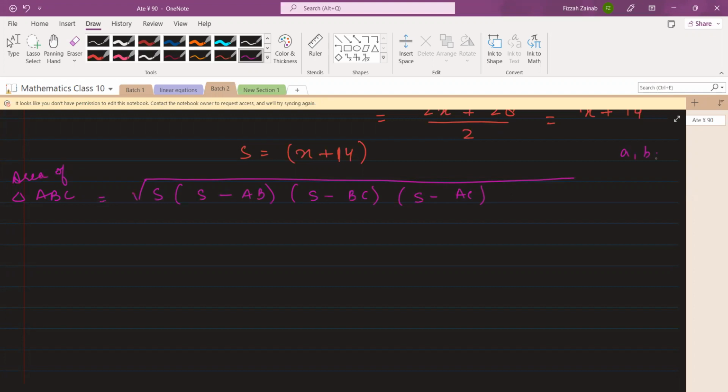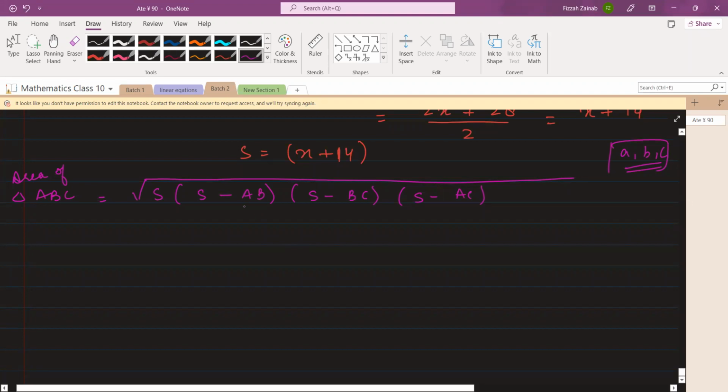This small a, small b, small c are basically the lengths of the 3 sides of the triangle. So instead of small a, I'm just writing the names of the sides. Any problem here? Okay. So S is x plus 14, and use a big bracket now.